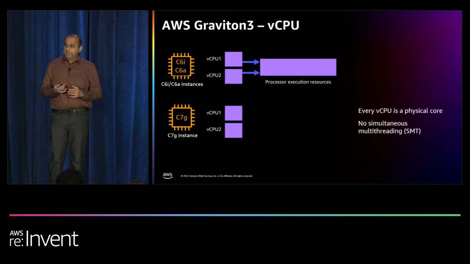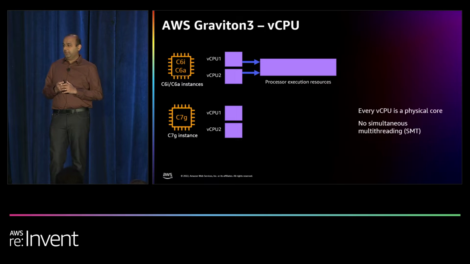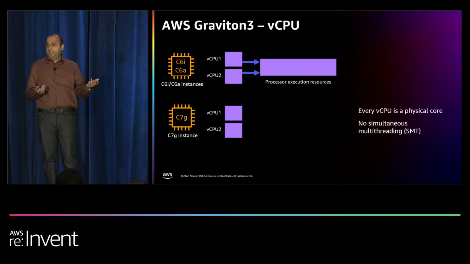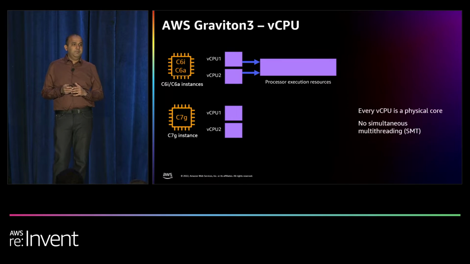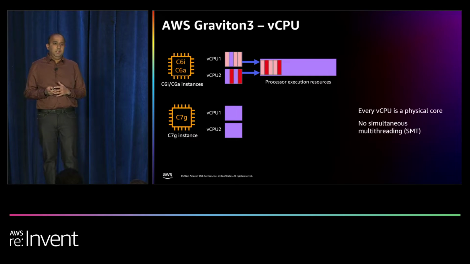Some of the other unique aspects of Graviton is that in the EC2 instances that are powered by Graviton, every vCPU happens to be a full core. There is no simultaneous multi-threading or hyper-threading in our Graviton processors. And let's look at some of the implications or advantages of that. So if you look at a typical x86 instance where every vCPU is a thread, sometimes you can see contention in the execution stream between the cores or in the caches among the threads.